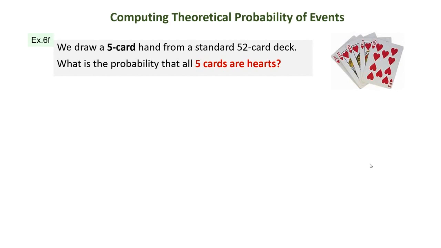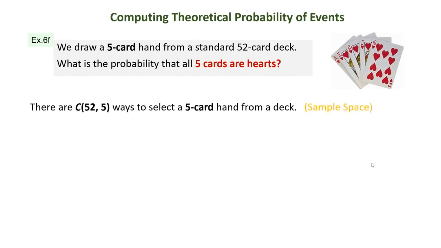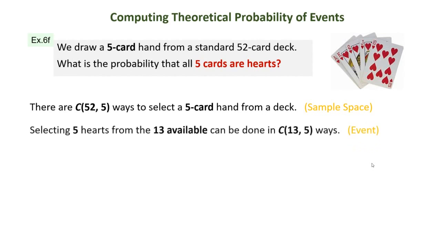If you draw a 5-card hand from a standard deck, what is the probability that all 5 cards are hearts? This time, the number of outcomes in the event is selecting 5 cards from 13 hearts available.